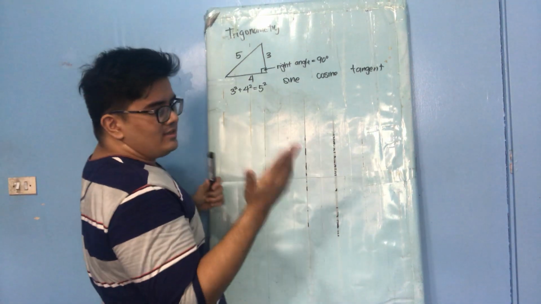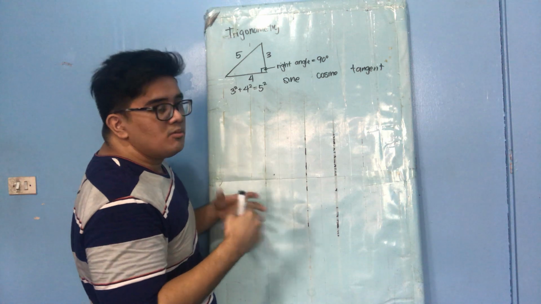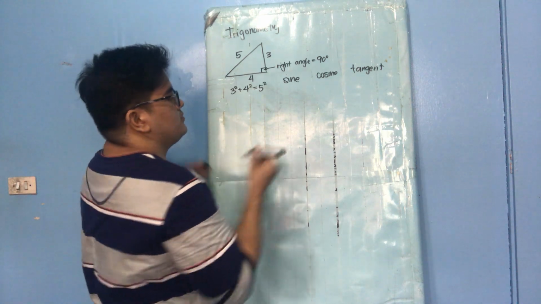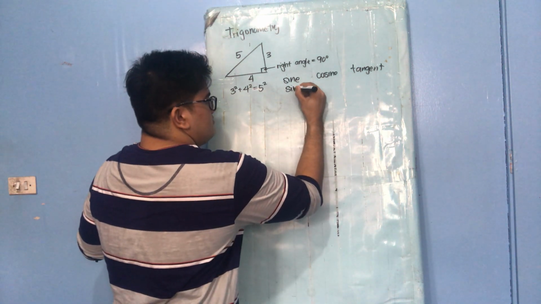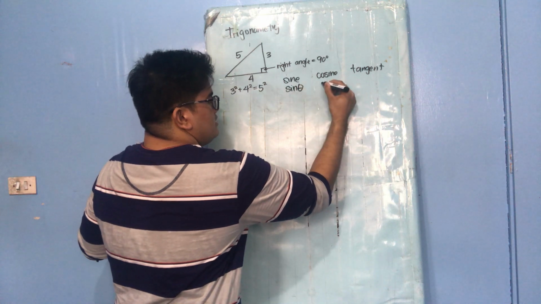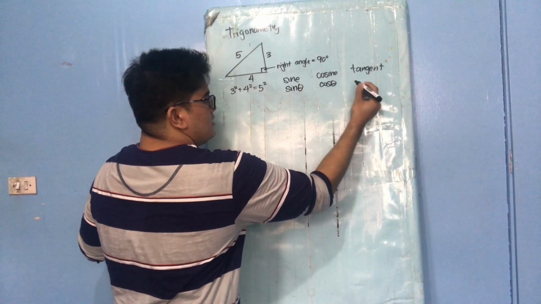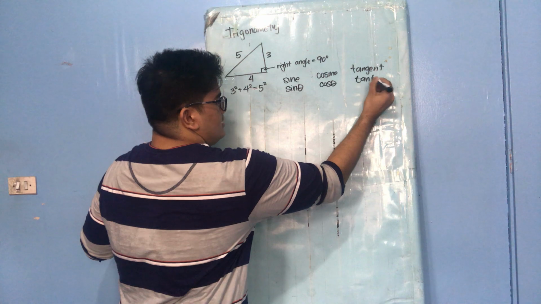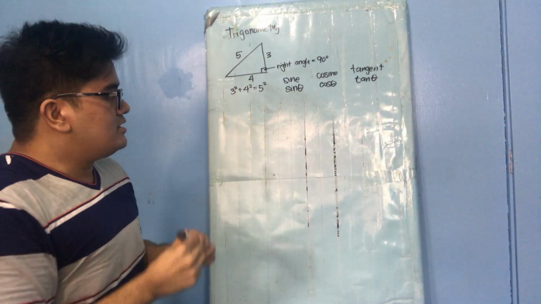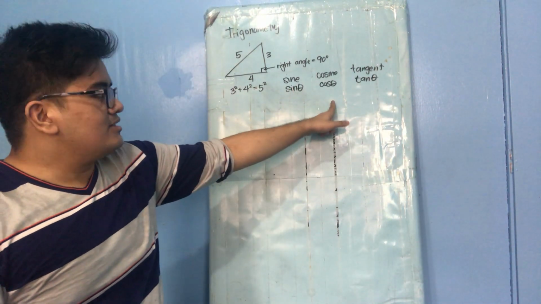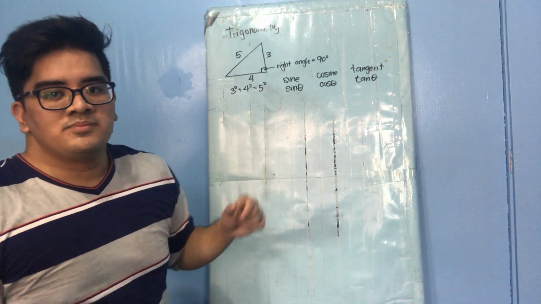And let's say that angle in general is theta. We write sin theta, cos theta, and tan theta. This just reads as sine theta, cosine theta, and tangent theta.